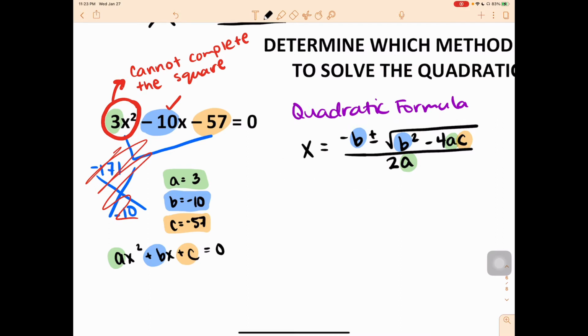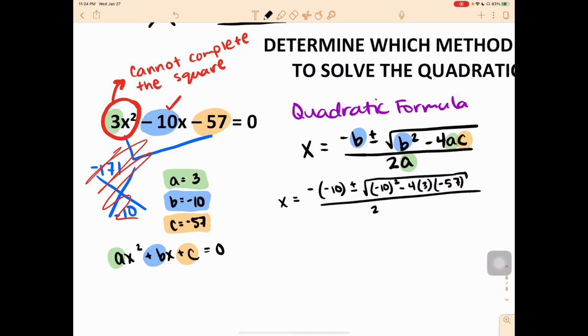Okay, so whenever we do this, I'm going to write x equals -10 instead of the B, plus or minus the square root of -10 squared instead of just B squared, minus 4 times 3 times -57. That's going to be a big number. All over 2 times 3.